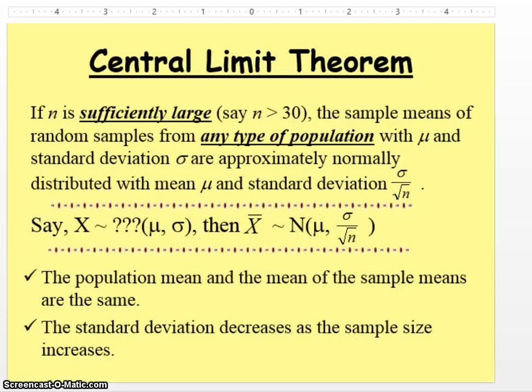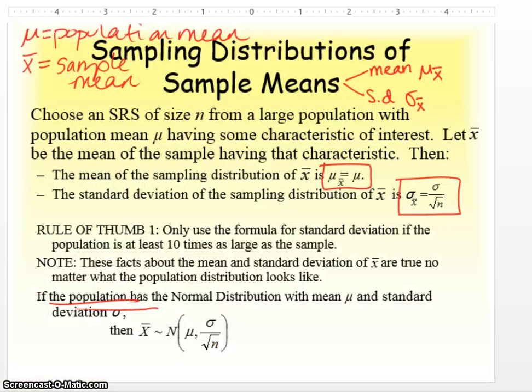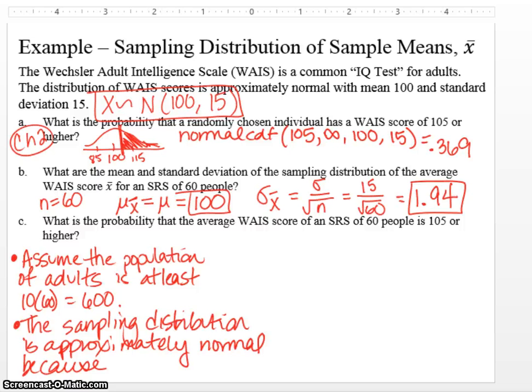Well, if we go back and look at our definition here, if the population is normal, then the sampling distribution will also be normal. That's what this says here. So the sampling distribution is approximately normal because we are given that the population is approximately normal.